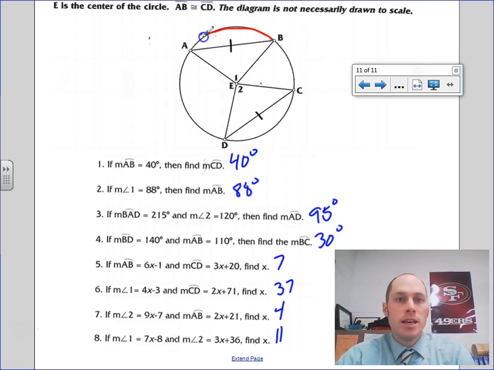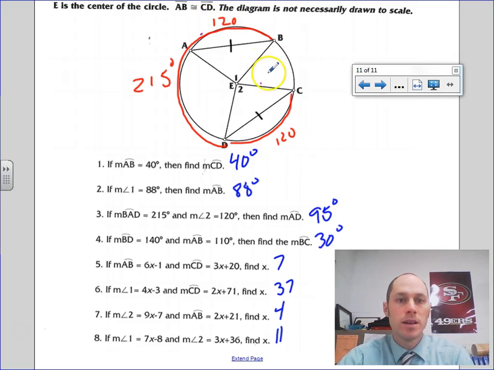If BAD is 215 and angle 2 is 120, so that would mean DC is 120. That would mean that AB is also 120. So I could just subtract 215 minus 120 to give me arc AD of 95 degrees.